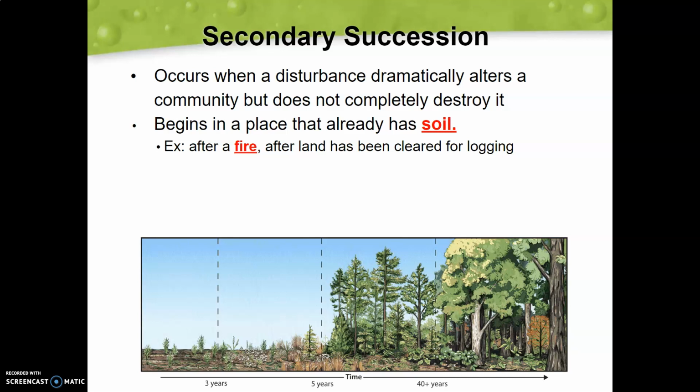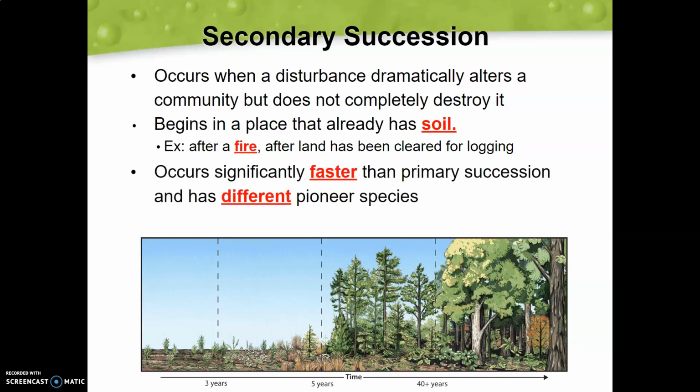So even though a fire may destroy all of the plant life that's there, it'll come back. And it'll actually come back quicker. Okay, it occurs significantly faster than primary succession because that soil is already present. It doesn't have to create it, and it's going to have different pioneer species. So those lichens and moss aren't going to be the first ones there.